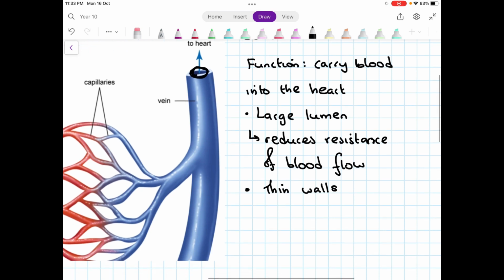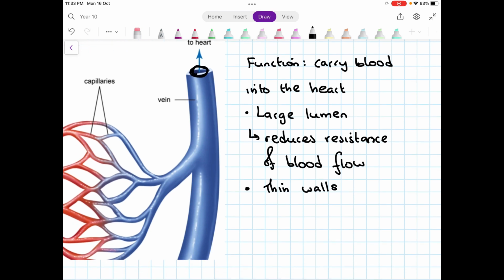The walls are also relatively thin because there's no need for stretch and recoil.